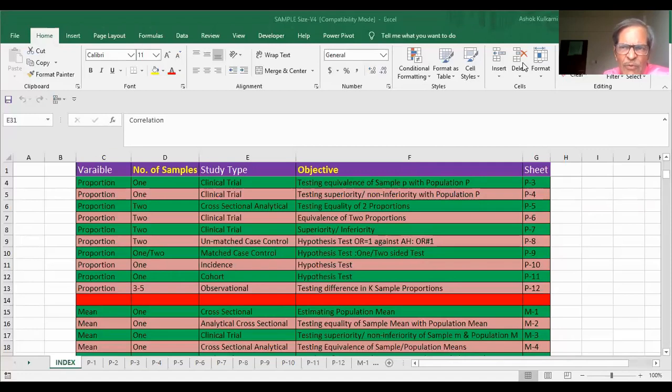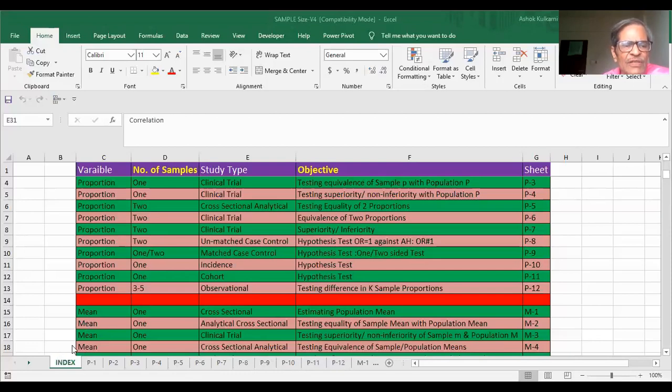The requirement is that your computer should have Microsoft Office installed, with the MS Excel version, and then you can start using it directly after you copy these files. It is in the form of an MS Excel file which has so many sheets. So it's a collection of sheets in one file only.